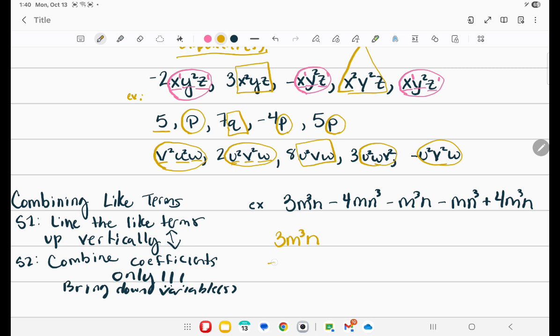Put it right under this one. -1 m cubed n. Any more? The last one. So you say 4m cubed n. Any more? Cross out what you use. Cross out what you use. Because if you don't, I've seen it every semester, you can write it again. Cross out what you've used.